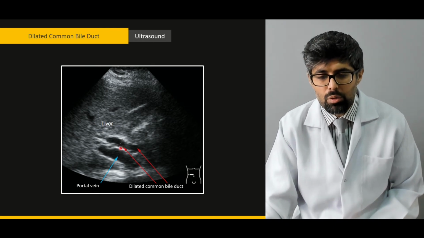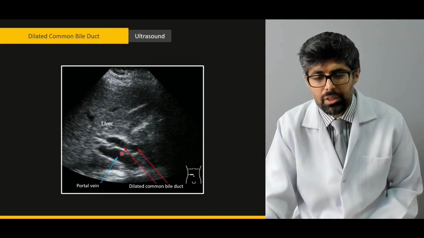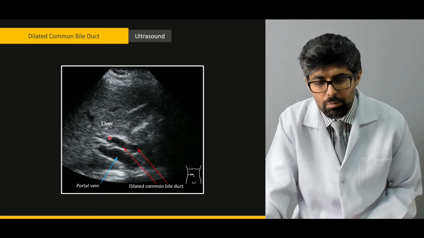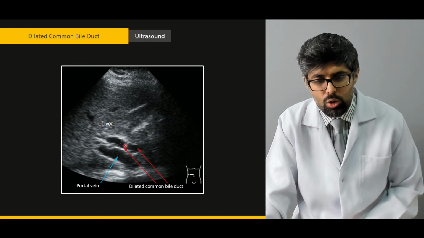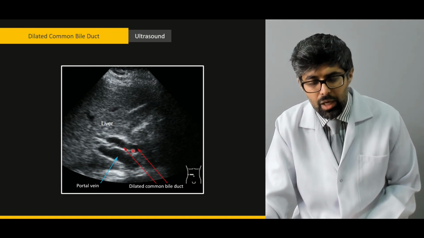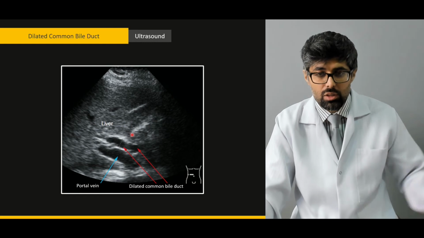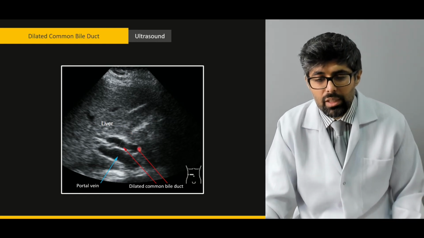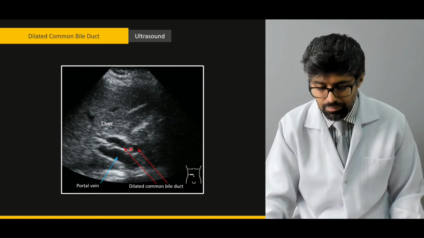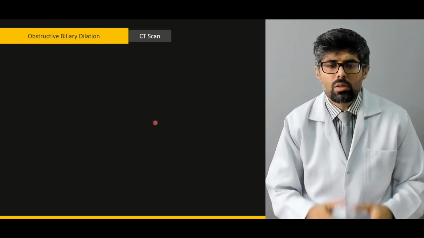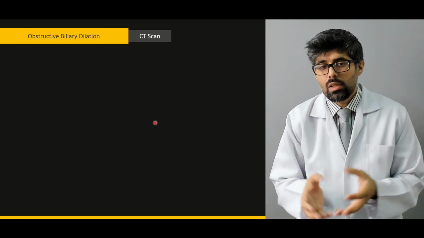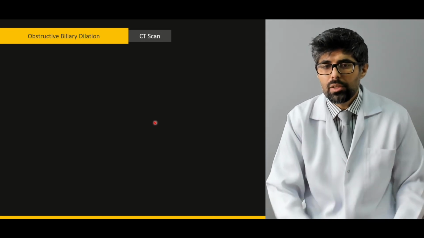This is the portal vein, and this is the common bile duct, which should have a small lumen, but here, because of the pooling of the bile, because there's obstruction further down the duct, it has dilated. Now, obstruction of the biliary tract can result in dilation, as we witnessed earlier.